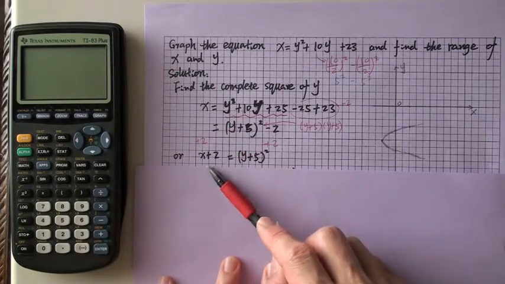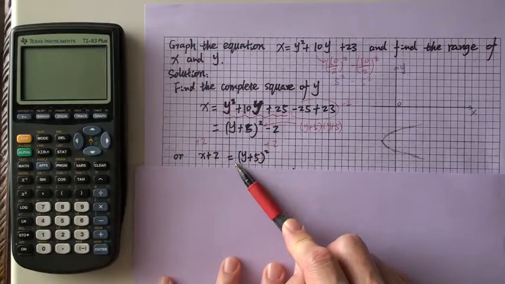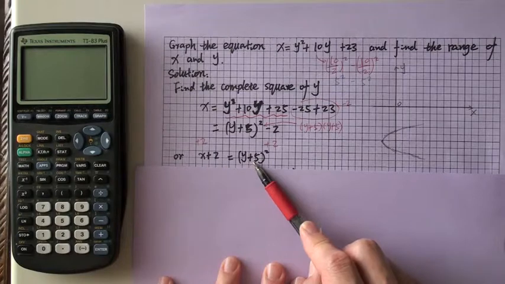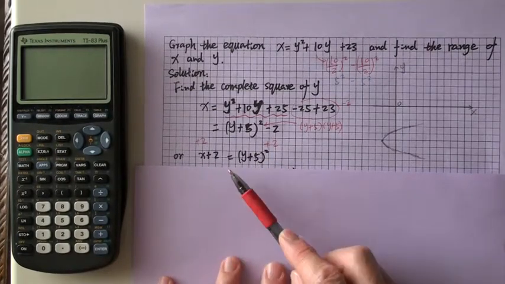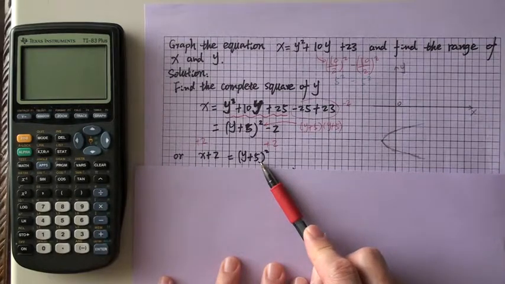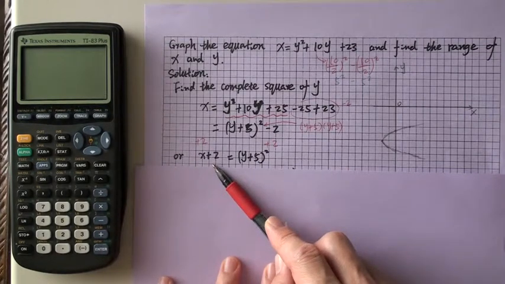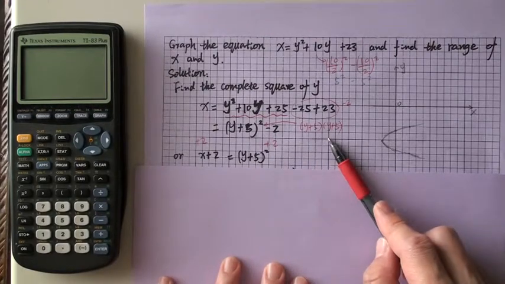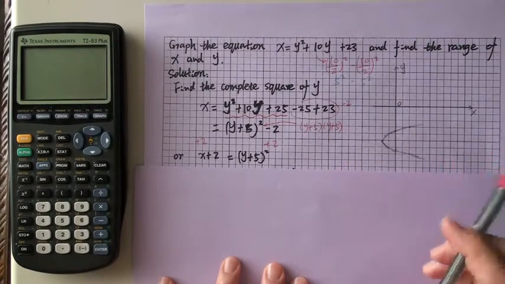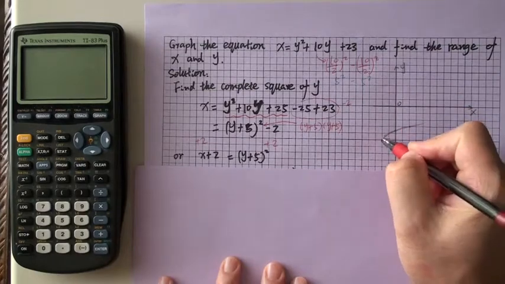That's x plus 2 equals y plus 5 squared. You may write it either way. From this form, you can probably tell the vertex is where? It's at -2, -5. That's exactly somewhere here.